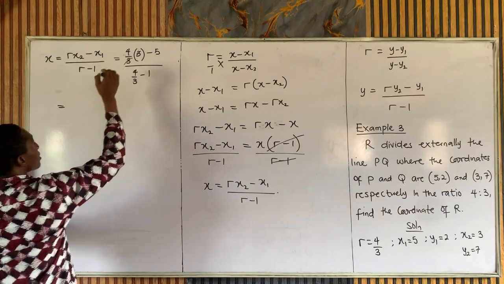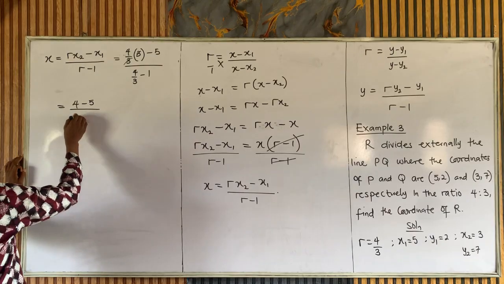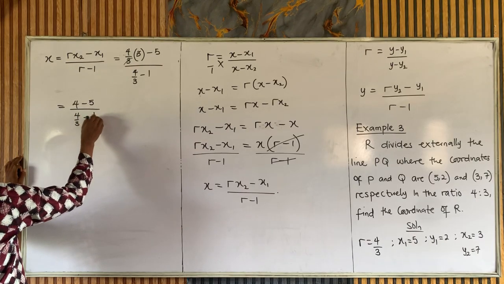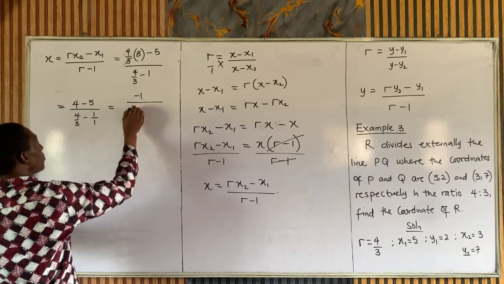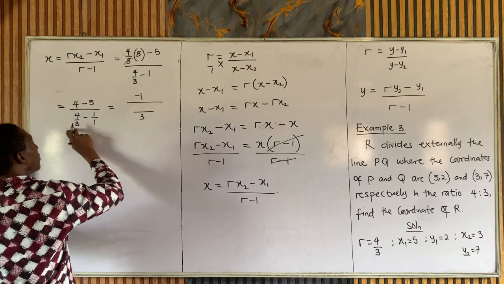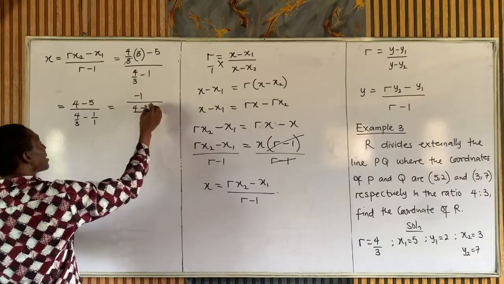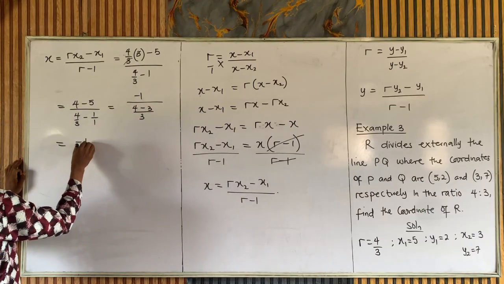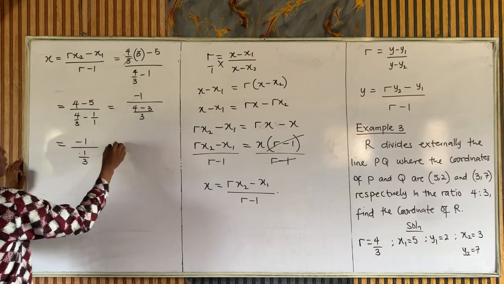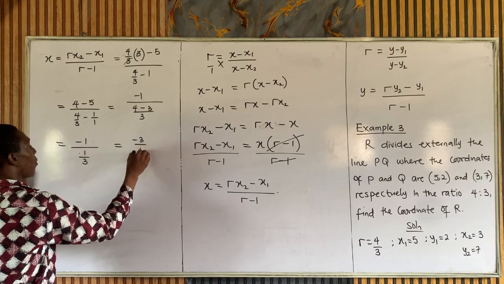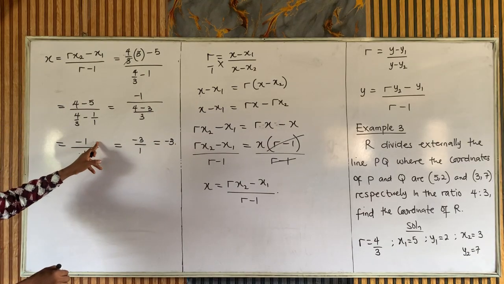Here 3 eliminates 3, so I have 4 minus 5 left as the numerator, and in the denominator 4/3 minus 1/1. Taking 3 as the LCM, 1 times 4 is 4, minus 3 times 1, that's 3. So we have minus 1 over 1/3. This 3 moves up, and that will give us minus 3.